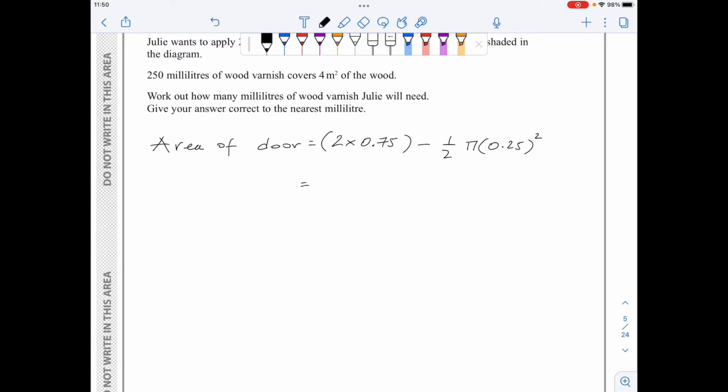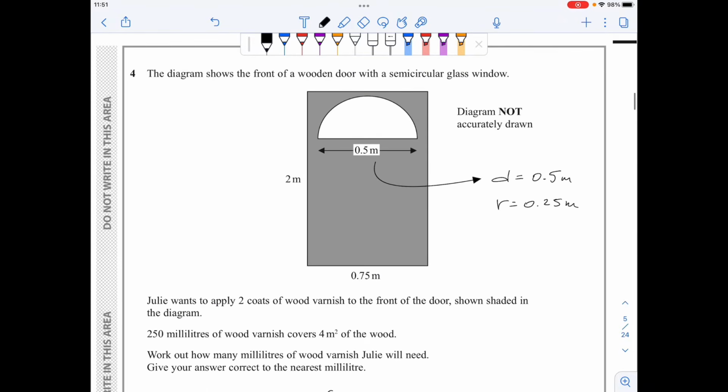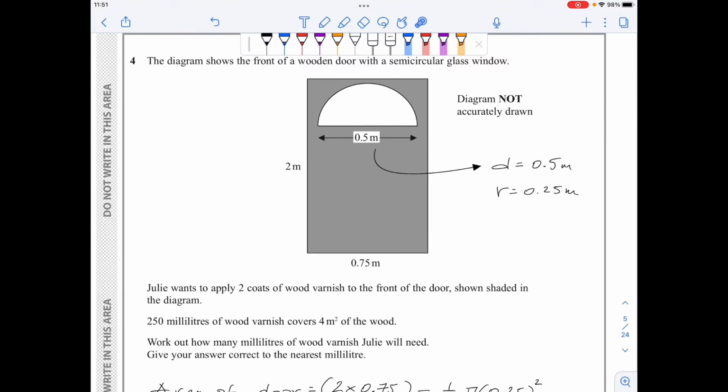This comes out to be 1.401... I'm going to keep everything on the calculator. That's meters squared. So the area to varnish is 2 times that one, because we're being told that he will apply 2 coats.